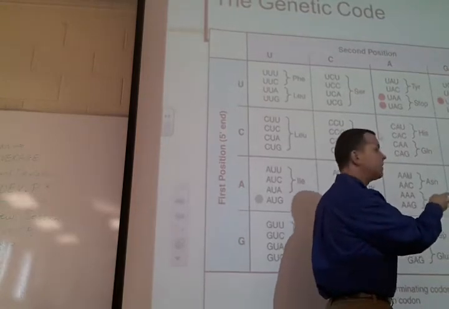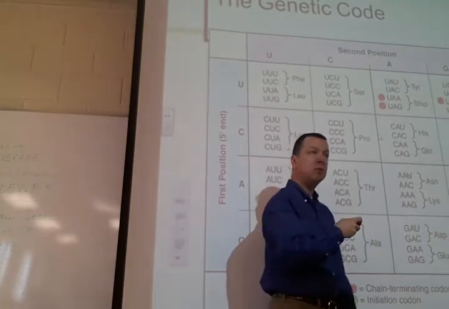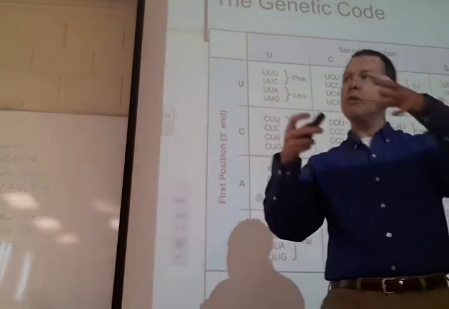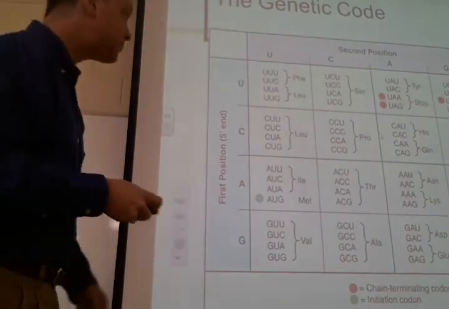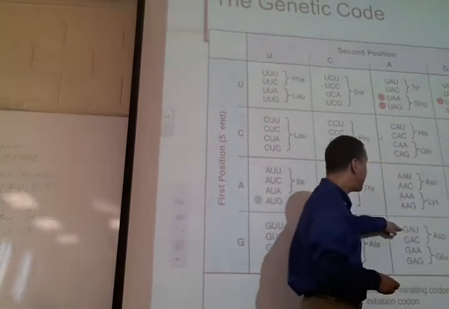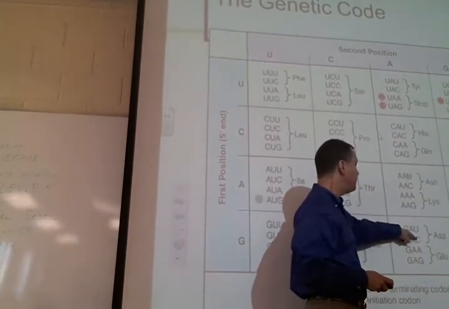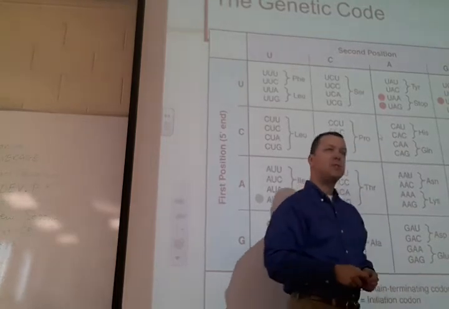CG whatever codes for arginine. CC whatever codes for proline. So when there are 4, they're always clumped together as a sort of set of 4. And even the ones with 2s, there is a pattern. So aspartic acid is GAU and GAC, whereas glutamic acid is GAA and GAG. What's the pattern here?